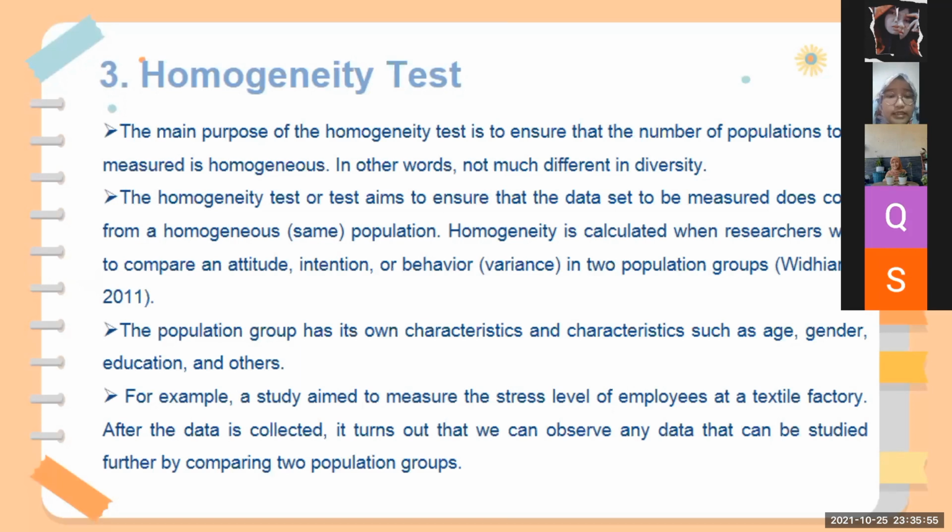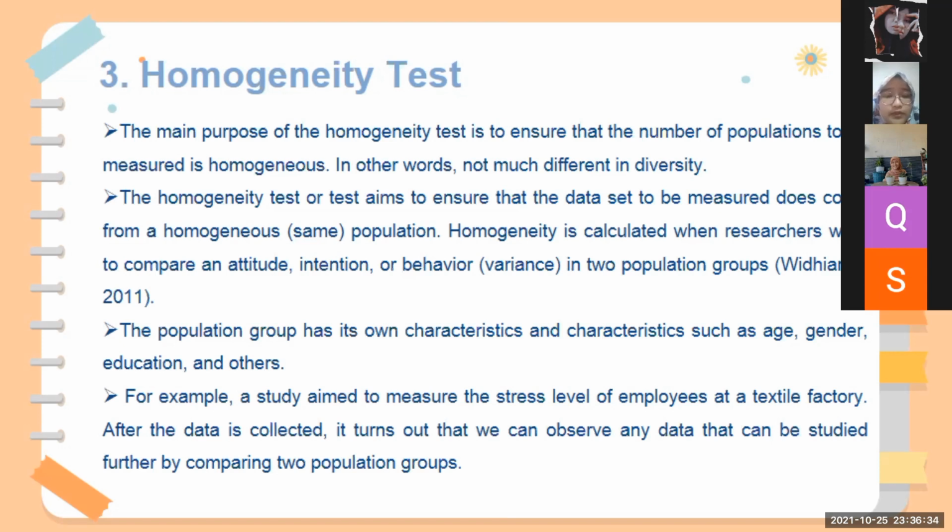The homogeneity test aims to ensure that the data set to be measured does come from the same homogeneous population. Homogeneity is calculated when researchers want to compare an attitude, attention, or behavior in variance across population groups. Each population group has its own characteristics such as age, gender, education, and others.